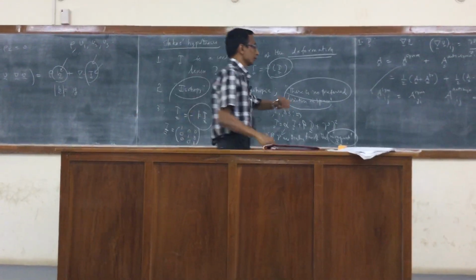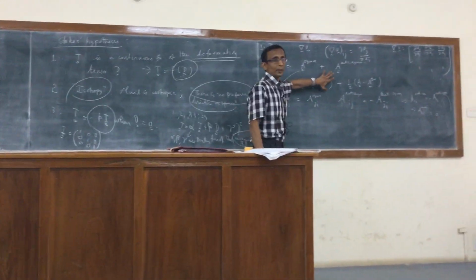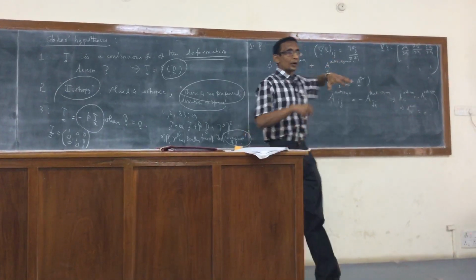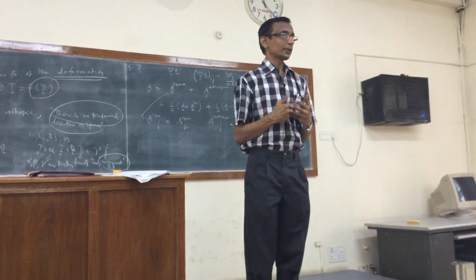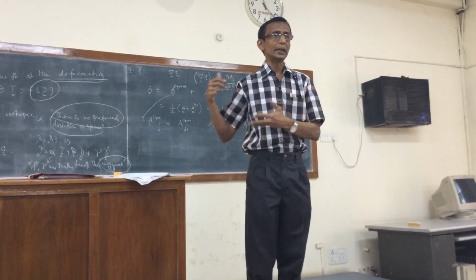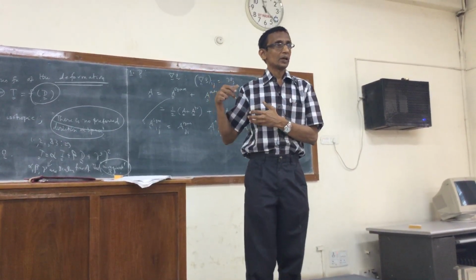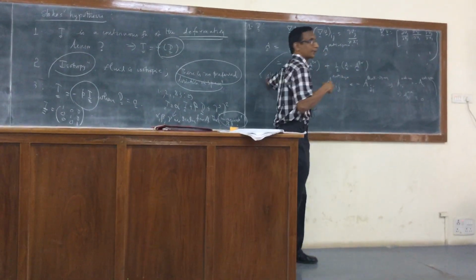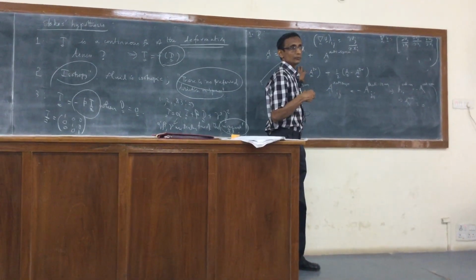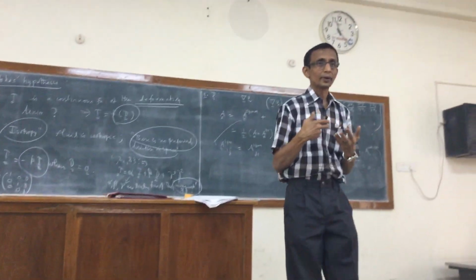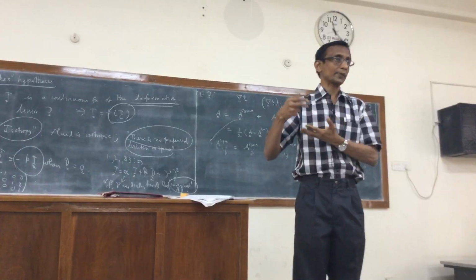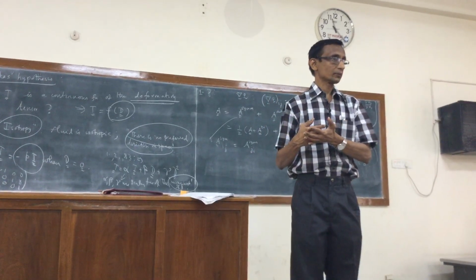Now any symmetric matrix, let's focus on 3 by 3 matrices. A 3 by 3 matrix has 9 independent elements. You can easily verify that any symmetric matrix has only 6 independent elements: the diagonal elements plus 3 of the off-diagonal.